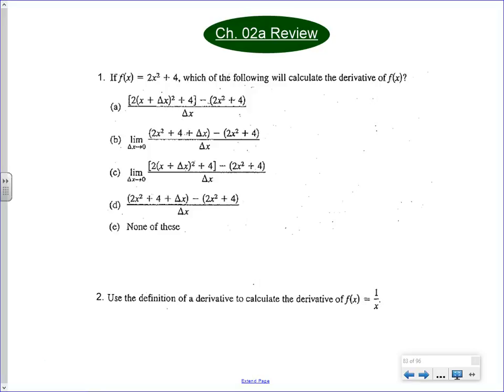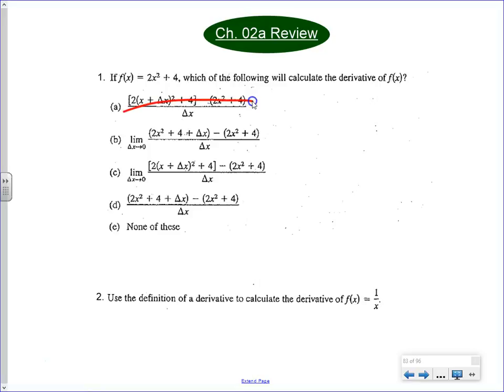Number 1. What do you have to think about to pick an answer choice if it asks which one represents or can calculate the derivative? There are delta x's. It must be talking about the definition. And the definition says f prime of x equals the limit.